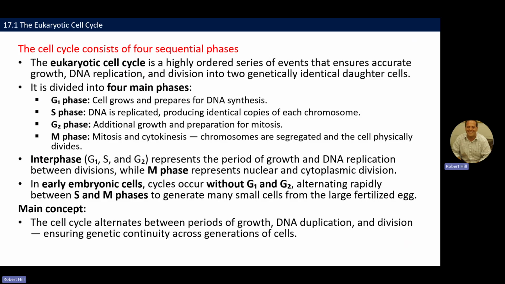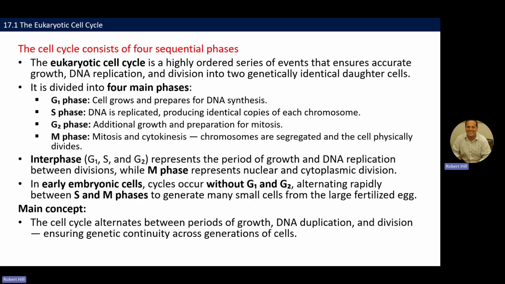And that's when the DNA replication occurs. It creates identical copies of every chromosome. Following that, G2 adds more growth and prepares the cell for the next stage, which is mitosis. Finally, during M phase, both mitosis, which is nuclear division, and cytokinesis, which is the cytoplasmic division, take place, ultimately producing 2 identical daughter cells.